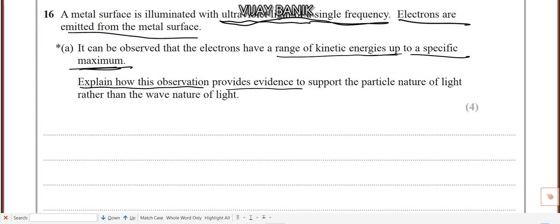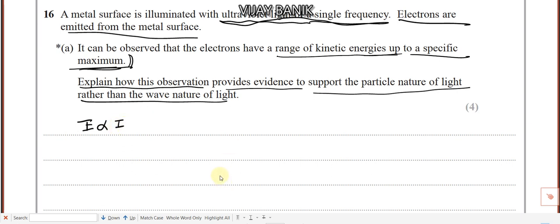So there is a range of kinetic energy up to a certain maximum, not more than that. Why is this providing support for the particle nature of light, rather than wave nature? In wave theory, the energy is directly proportional to intensity.